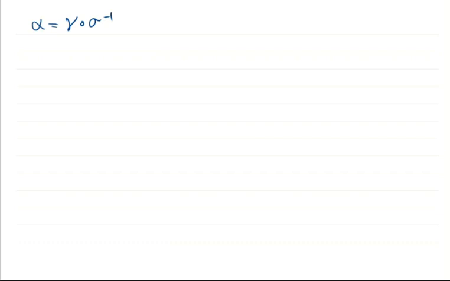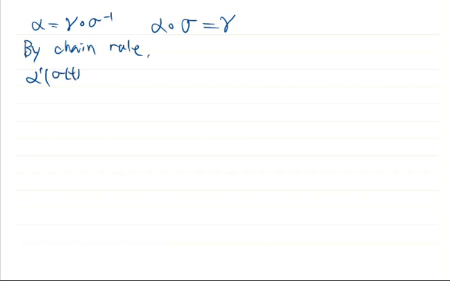So this implies that the composition of alpha and sigma is gamma. So by the chain rule, alpha prime of sigma of t, times sigma prime of t, is gamma prime of t. This is the chain rule.